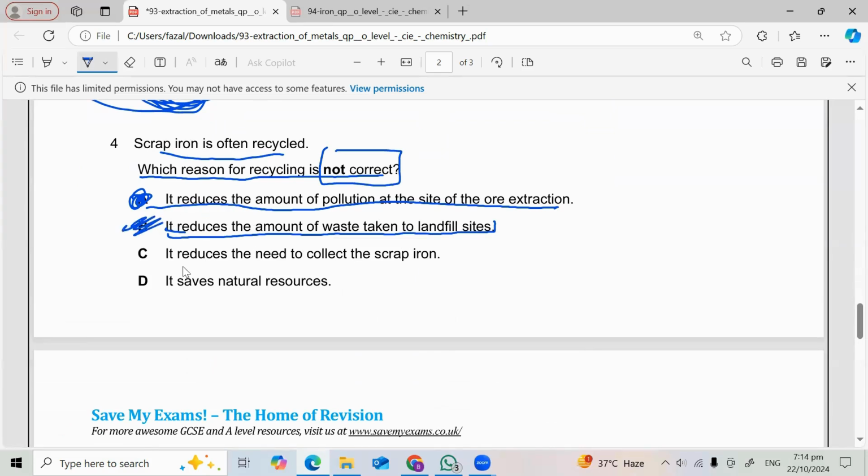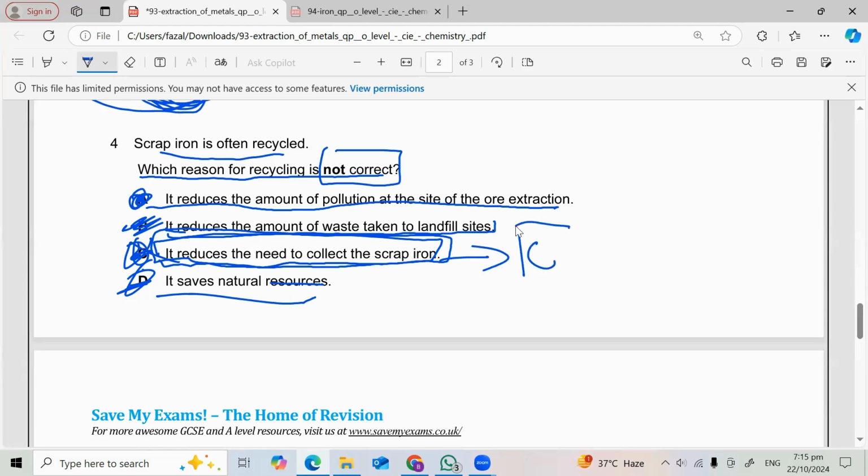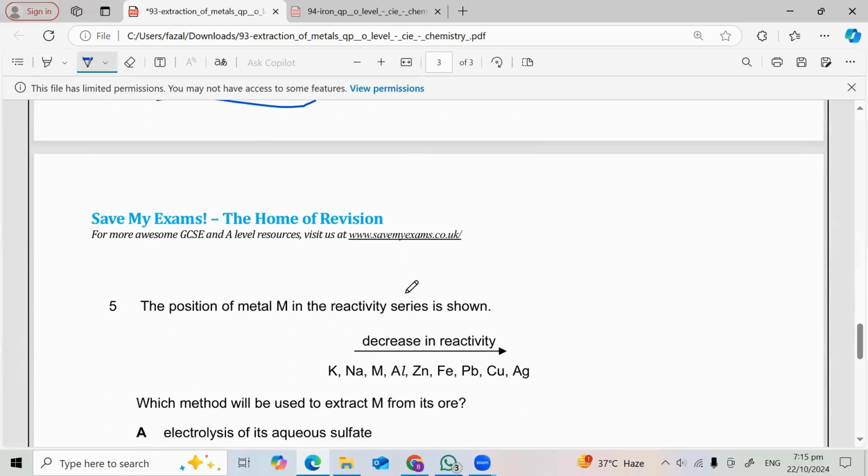Then it reduces the need to collect scrap iron. So this doesn't make that much sense. So I think C is incorrect. And it's a natural resource, that's like common sense. And C is basically the option which is not correct.